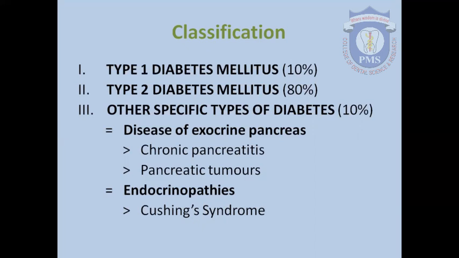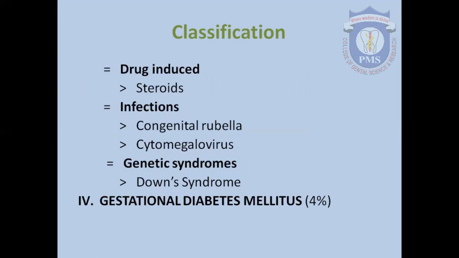Other specific types of diabetes comprise 10% of the cases, which include diseases of the exocrine pancreas like chronic pancreatitis, pancreatic tumors, endocrinopathies, for example, Cushing's syndrome, drug-induced, for example, steroids, infections like congenital rubella, cytomegalovirus, genetic syndromes like Down syndrome. 4.